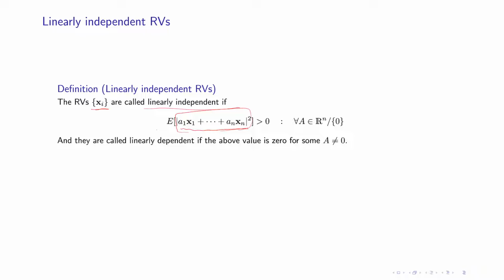So we call them linearly independent if this value is non-zero, and we call them linearly dependent if it could become 0 for some non-zero values of A. In other words, the energy.